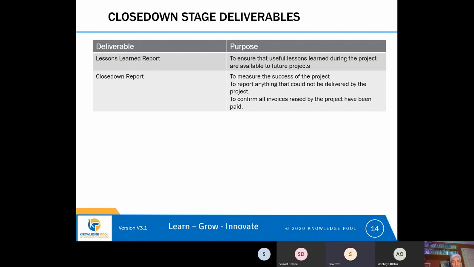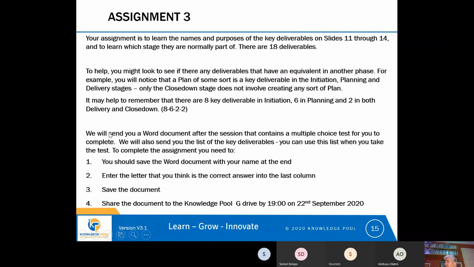Okay. So those are our deliverables, and we set an assignment last week, which was to learn those deliverables, because it's actually really important that you know what you should be creating at any particular stage in the project.